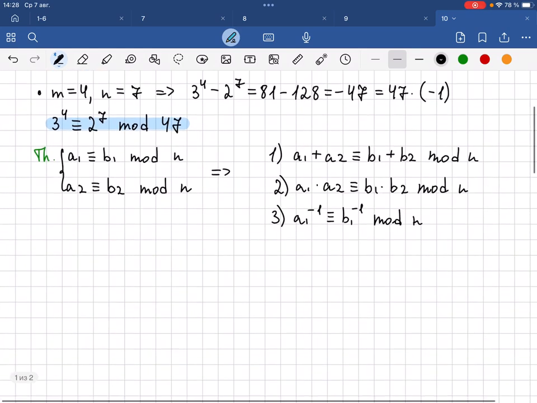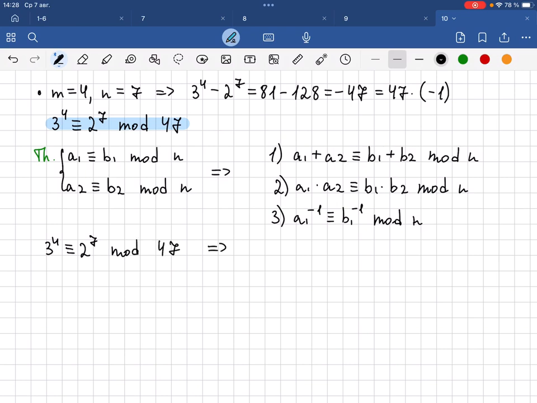Now let's take 3 to the power of 4 equals 2 to the power of 7 mod 47. And we'll use here our third property. So 3 to the power of minus 4 equals 2 to the power of minus 7 mod 47.